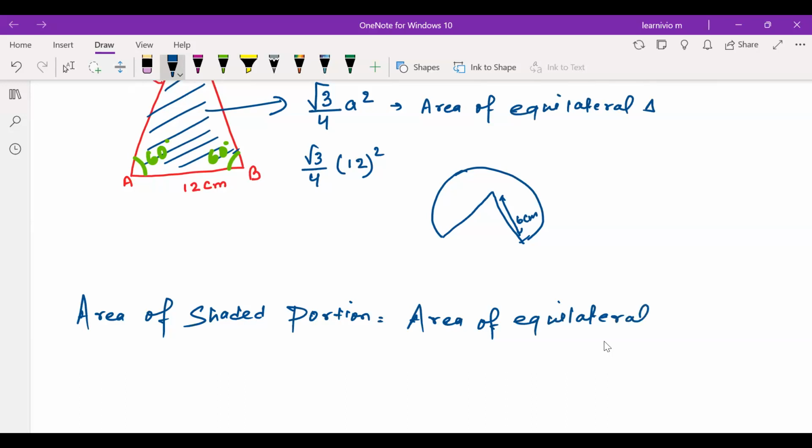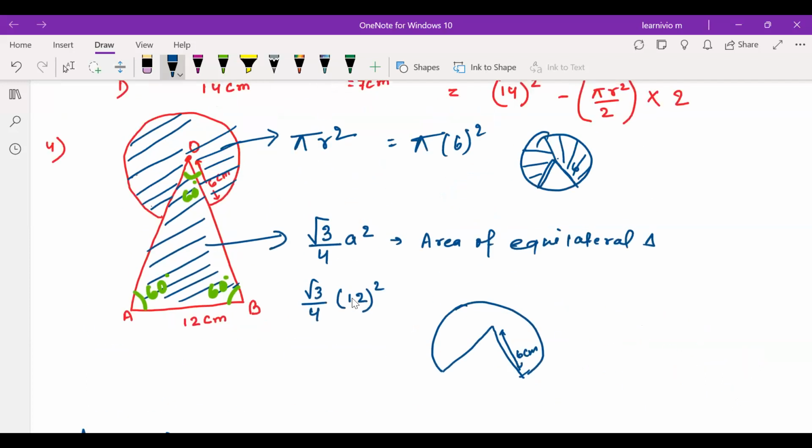Equilateral triangle plus area of the circle, then subtract the area of the sector of the circle. So area of sector: if you want, you can name the sector.